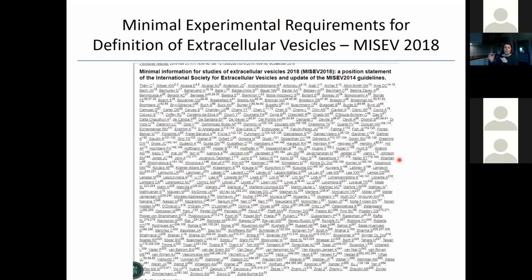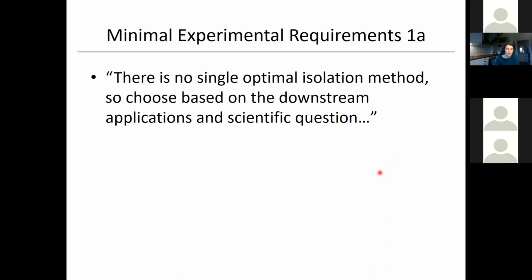So, do you think this is important? Do you agree that we should demand that people do this or that? It was really a survey of what the researchers in the field think is important if you publish within this field. So I'm just going to talk through some of the points that were raised in this paper.